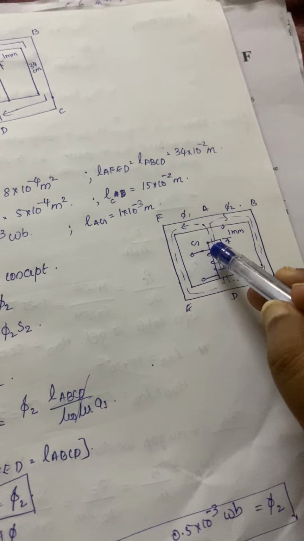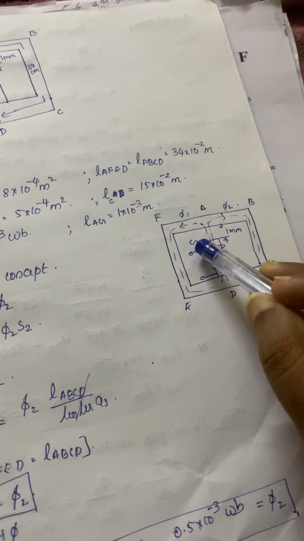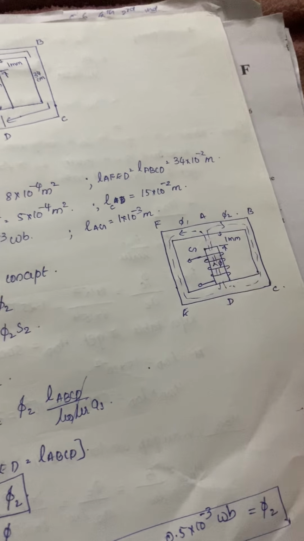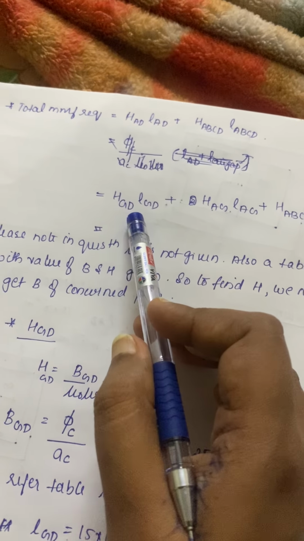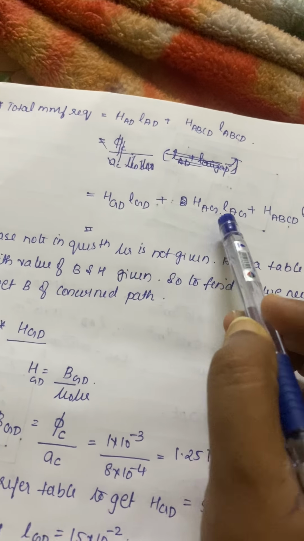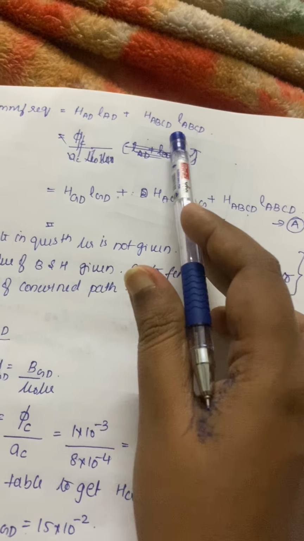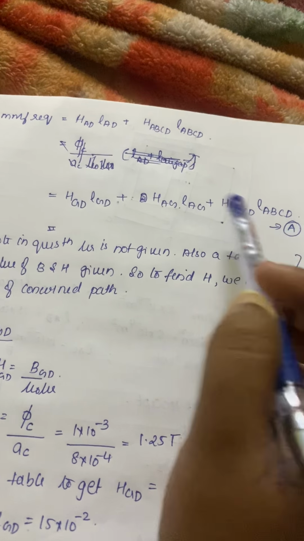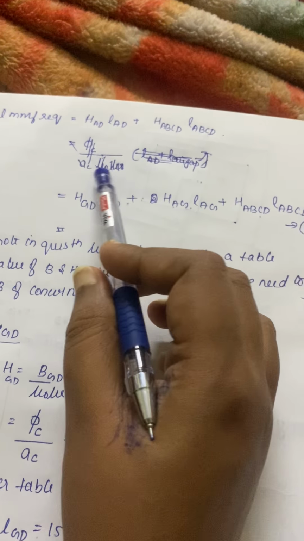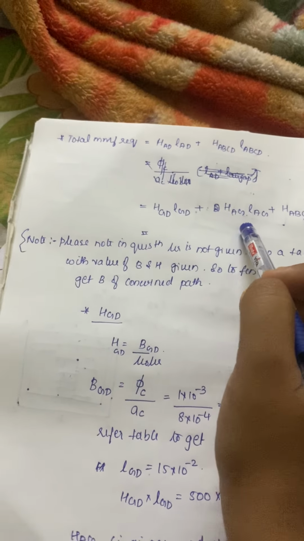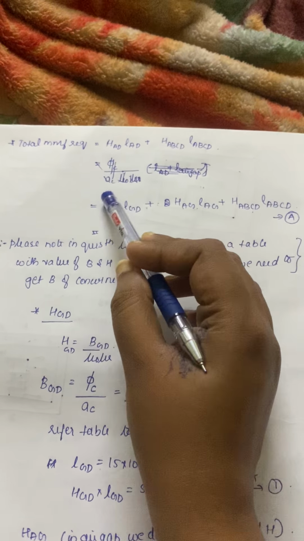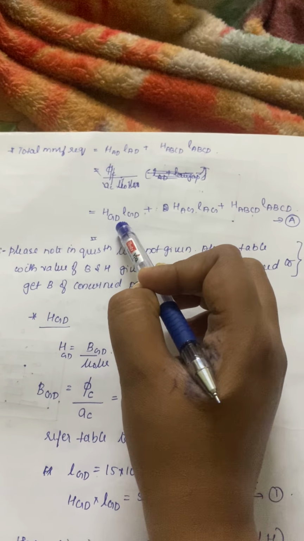That is, MMF of path GD plus MMF of path AG, then MMF of path ABCD. So AD I have broken down into two, GD and AG. Now we'll see what is the MMF of the GD path.